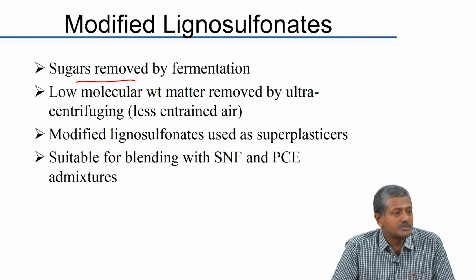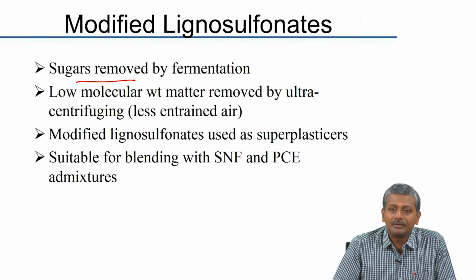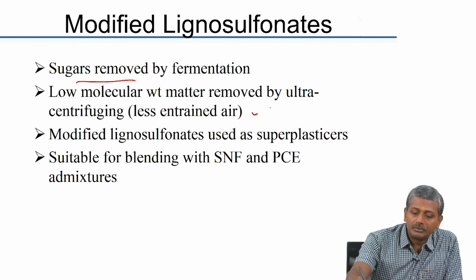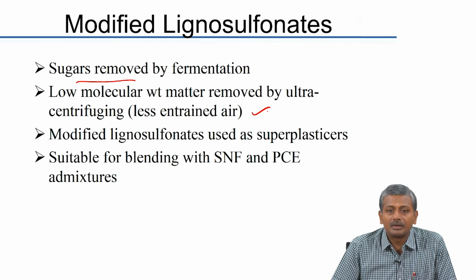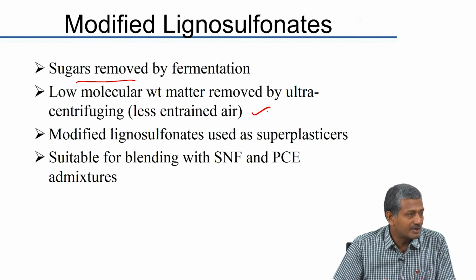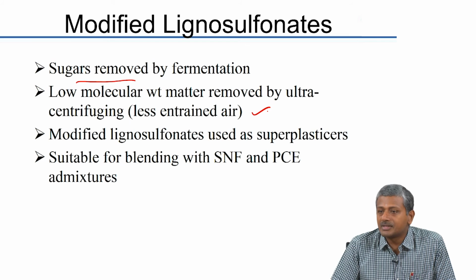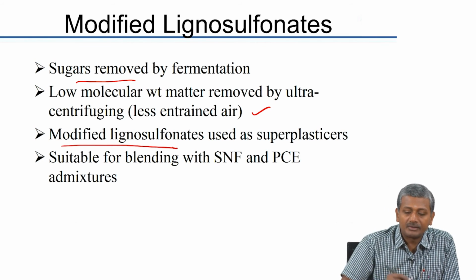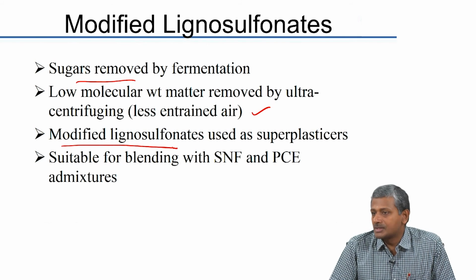So, you ferment the sugars away to retain the basic polymer structure, but without any sugar, and the smaller molecular weight components that are leading to air entrainment because they are acting as surfactants can be removed by centrifuging, okay, and that may end up giving you modified lignosulfonates which are quite well used as superplasticizers.